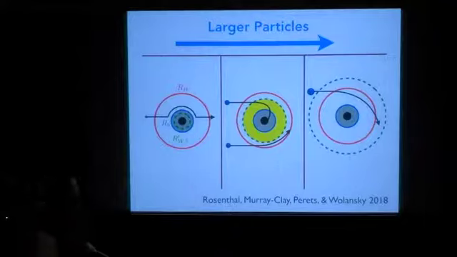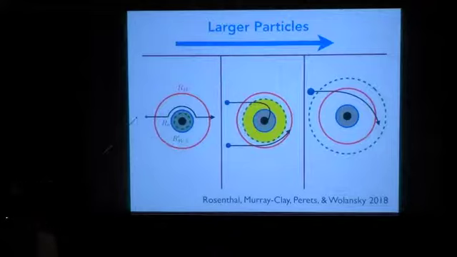And I just want to make one physics point that I'm not going to go into in detail, but this is a plot from Mickey's paper showing that if you have the same core, the ability of a particle to be captured depends on its size.